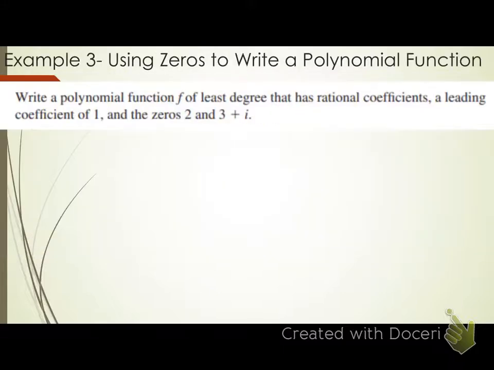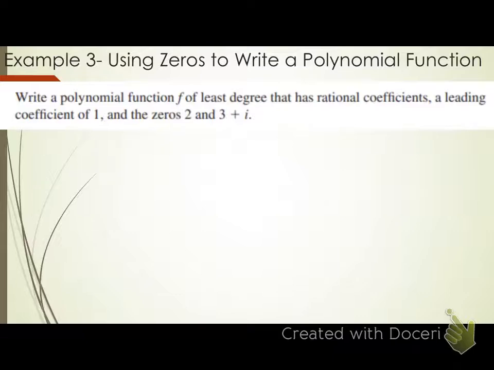So let's look at an example using that theorem. It says, write a polynomial function f of least degree that has rational coefficients, a leading coefficient of 1, and the zeros 2 and 3 plus i.